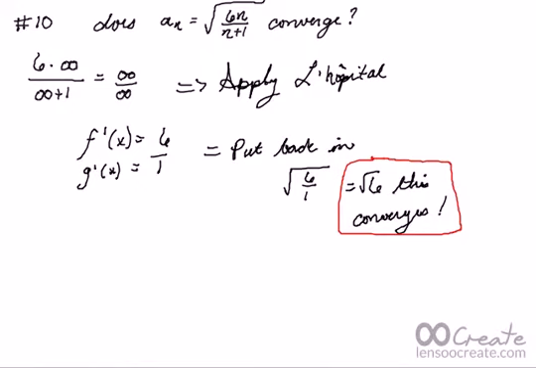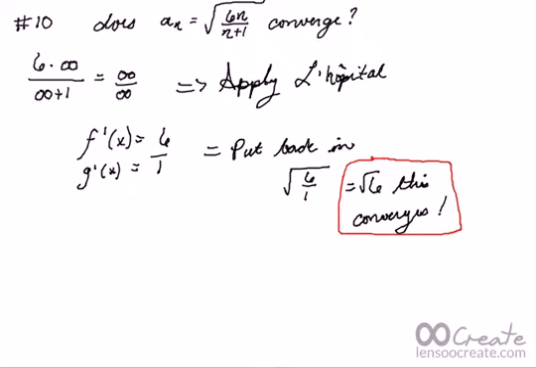And what I got is that the limit as n goes to infinity would be 6 times infinity over infinity plus 1, which is really just infinity over infinity, which is an indeterminate form, and we thus must apply L'Hopital's rule.